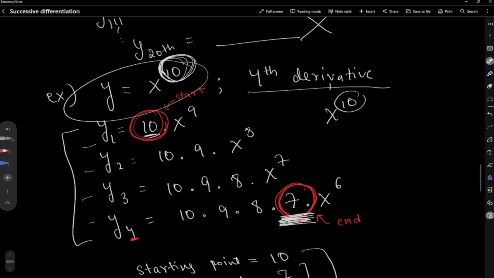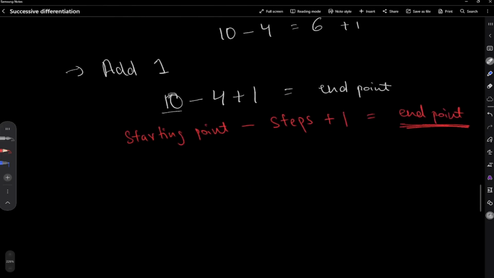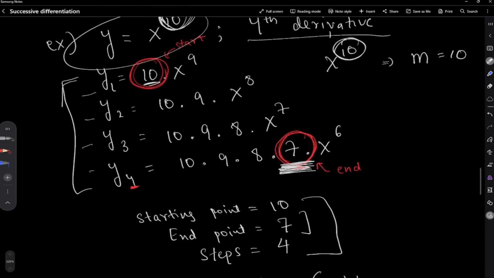I told you above, this is nothing but the power of m. I mean, m is the power, so it's m, and 10 is the power. So I'll write here m minus, now this 4. If we come back up here, 4 is the number of steps, and 4 is also the derivative which I need to find.